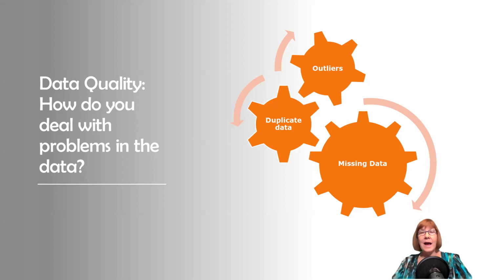Or sometimes you realize that you have duplicate data. I had that happen not too long ago when I was doing a survey of what traits people wanted in a new person on the job. And we ended up having some duplicate data. And then every once in a while, you may have an outlier, something that's really, really out of the norm. And you have to decide what you're going to do with that.